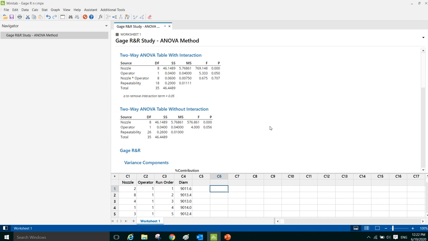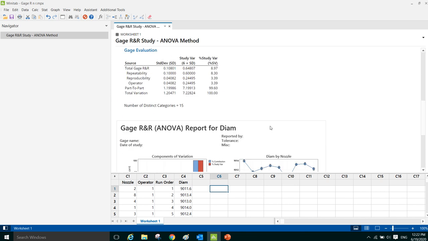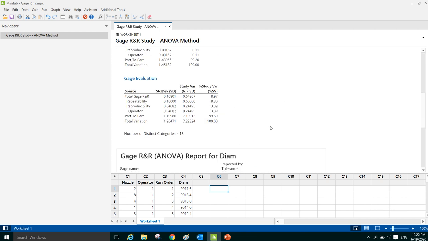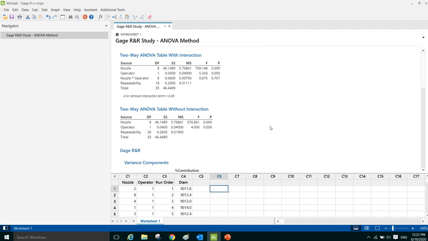So I click OK, and I will get the numeric result. This is the numeric result, and we also get the graphical result down here. Okay. So for the numeric result, first we have a look at the first table. This is a two-way ANOVA table with interaction. So why do we have a two-way? Because we have two factors in this experiment. The factors are nozzle and also operator. If you look at the interaction between nozzle and operator, the p-value is more than 0.05, meaning to say it is not significant.